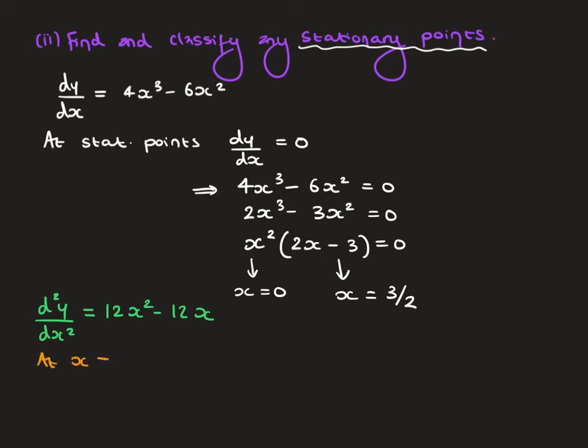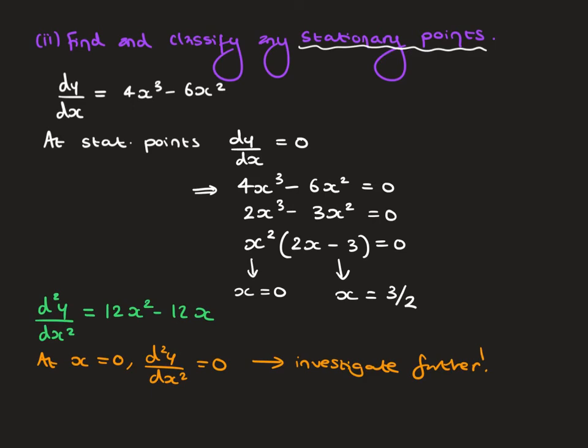So at x equals 0, the second derivative is equal to 0. Now, this means I need to investigate further. It could be a stationary point of inflection. It may be something else. Remember the warning example we've just done.